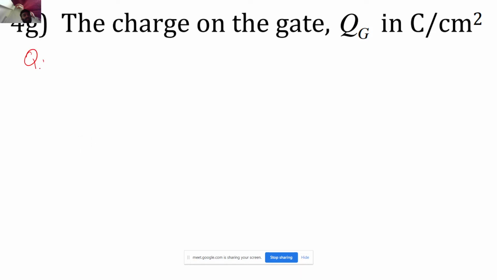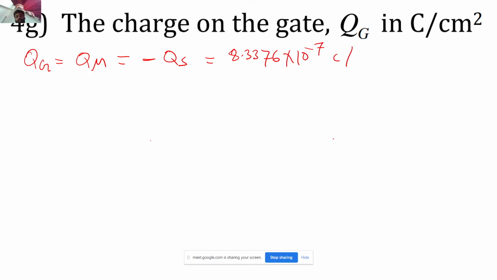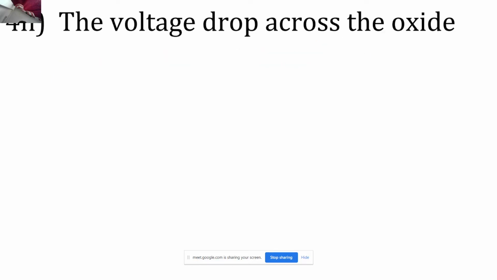So we know the Qg is nothing but Qm and it is nothing but minus of Qs. So it will be just a positive version of what we had calculated last time, correct? Into 10 to the power minus 7 coulombs per centimeter square, correct? So I hope this question was clear. If you guys have any doubts, then please proceed ahead. I will be moving to the next question.